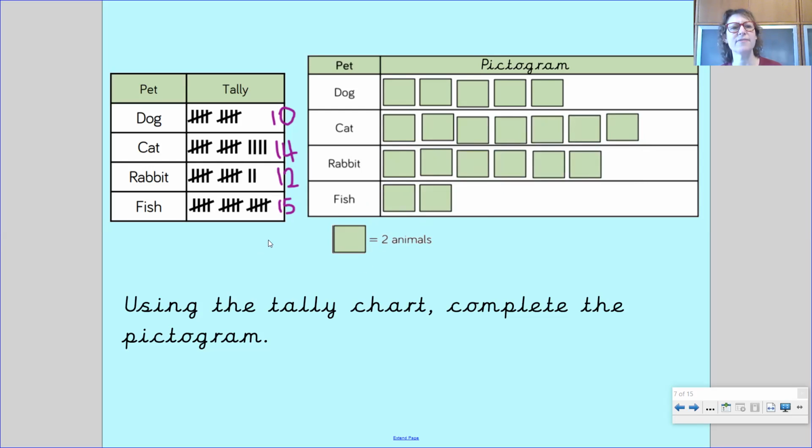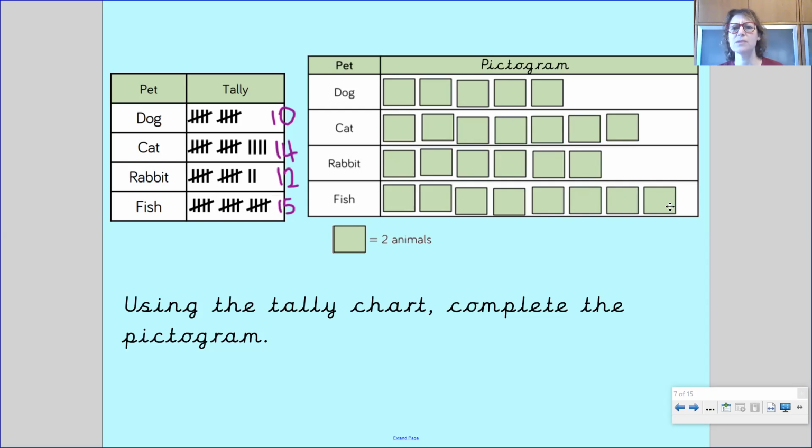And we need 15 fish, 2, 4, 6, I'm a bit worried about this, 8, 10, 12, 14. Now, if I put another box, I'm going to end up with 16.